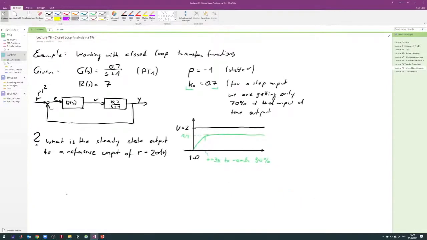So how would you compute that? Now we are interested in reference to output.